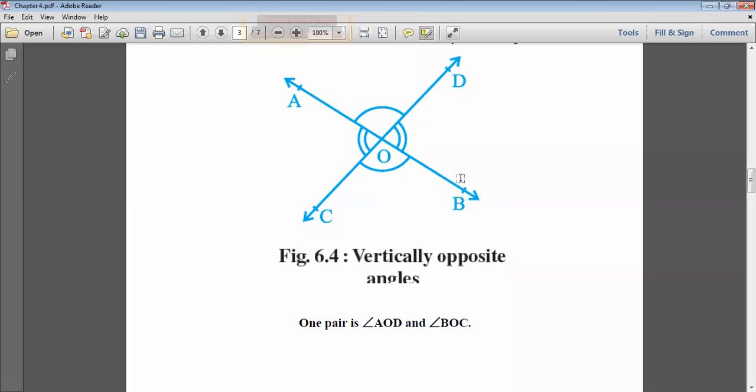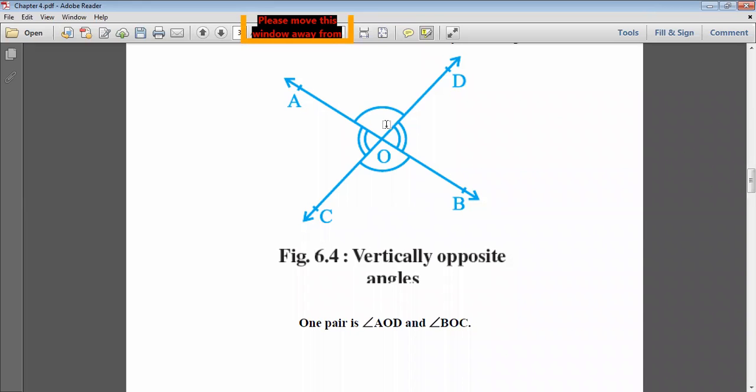No. They are straight line angles, we can't say like that, because there is no angle formed by that.